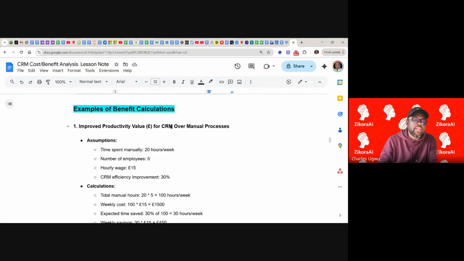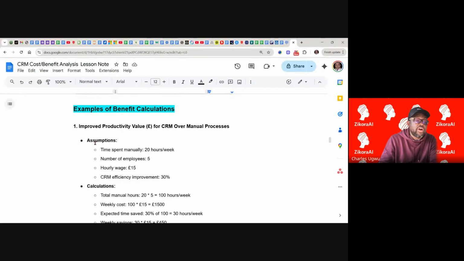So you can remove this CRM and say productivity of automation over manual. Whether CRM, ERP, or ITSM, everything is still automating the system. So it's automation versus manual.